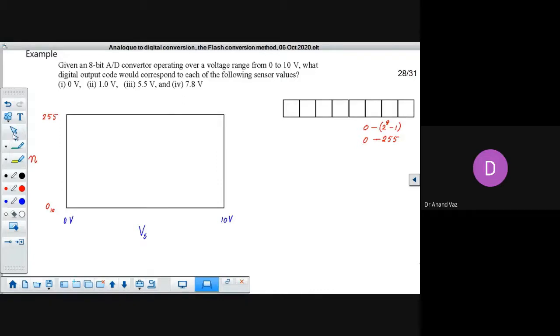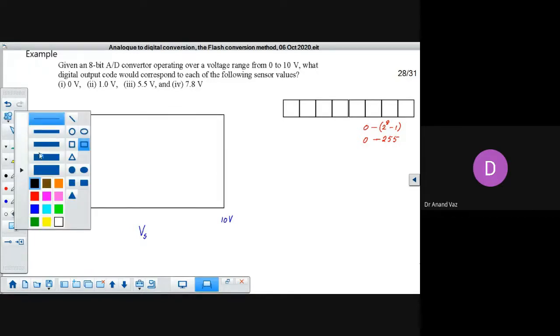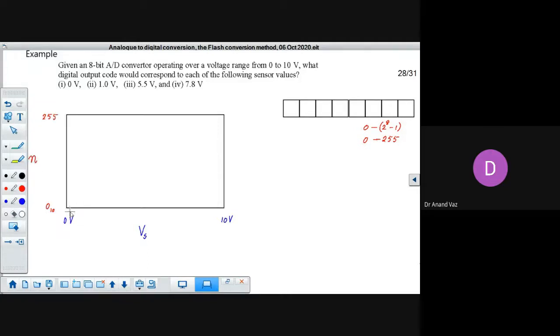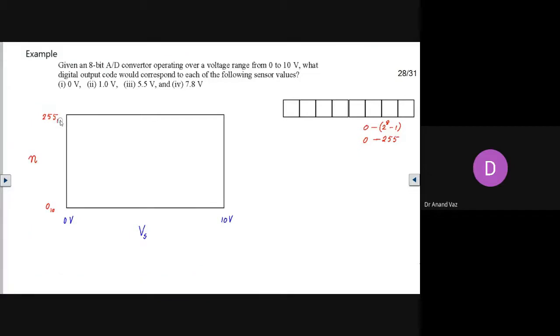Now, the relationship between this is actually linear. Let us fit a curve here. So 0 volts corresponds to 0 here, and this is also to the base 10, because it's also in decimal.